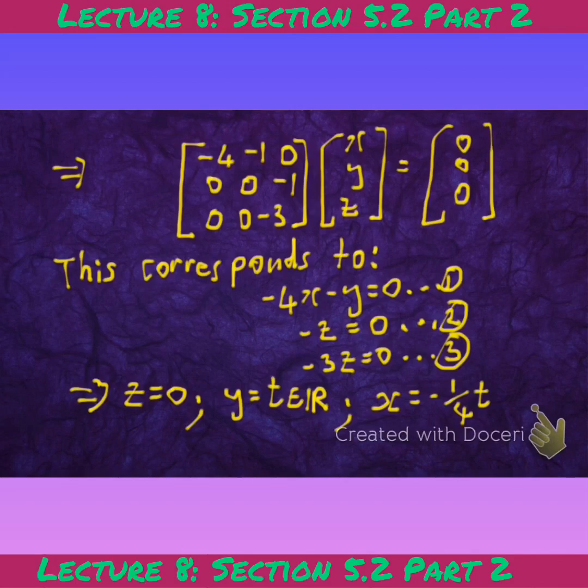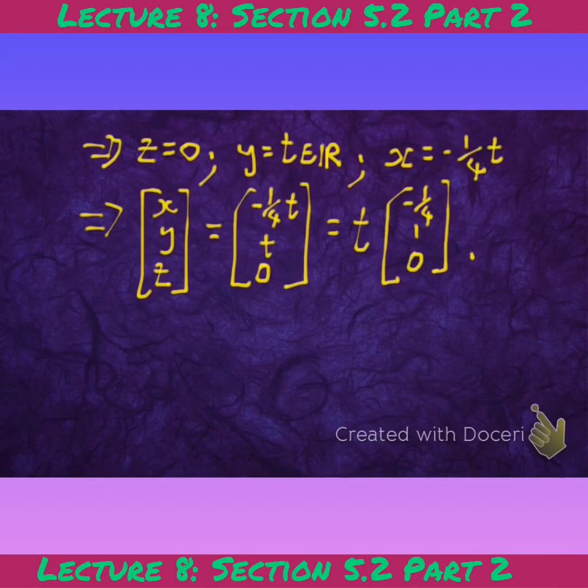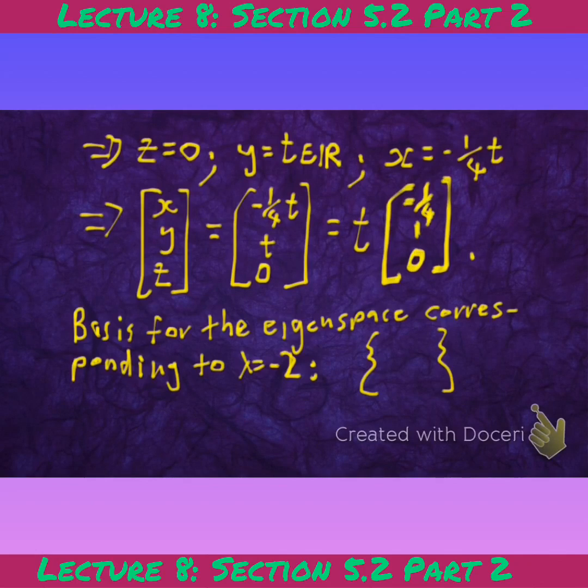Putting all that information together, we find the solution for the vector x, y, and z. So the basis for the eigenspace corresponding to lambda equals minus 2 becomes just this vector here. Okay, so that's the basis there.